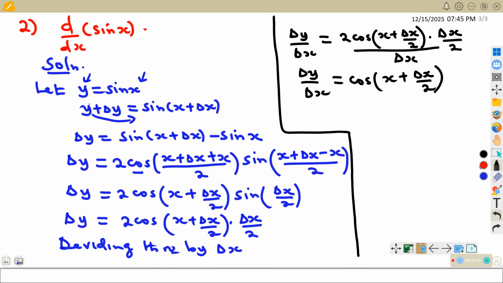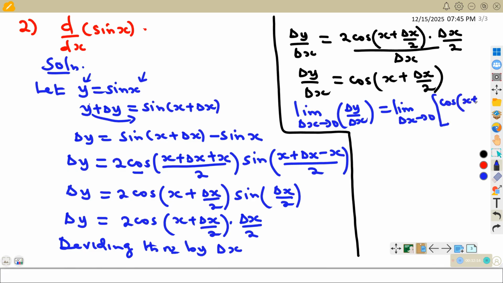From here, we shall take the limit as the next step. Take the limit on both sides: limit delta x tending to 0 on both sides. So we have delta y over delta x, and do the same on the other side: limit delta x tending to 0 of cos of x plus delta x divided by 2.